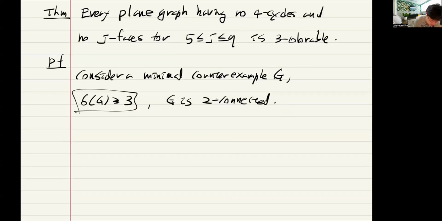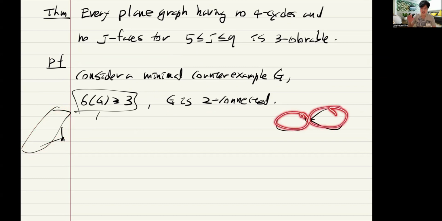If this is not true, then you have a lower minimum degree, then you just color everything else by 3 colors and then you can extend it. And this is also similar. If you have one vertex here, one vertex here, you color one side with 3 colors and the other with 3 colors, and then you permute your colors so that this vertex has the same color, and then you merge it. So this is easy.